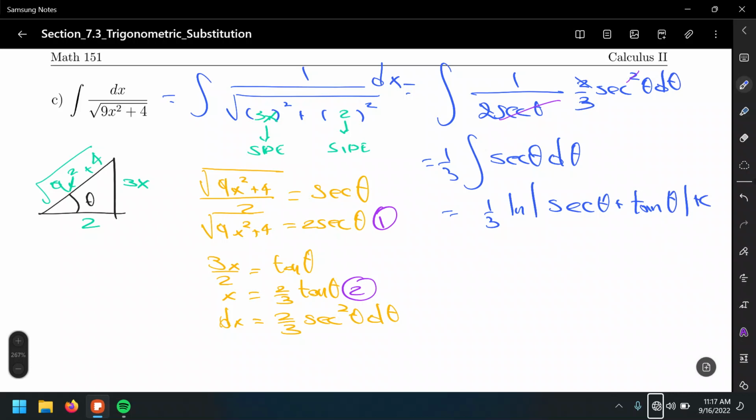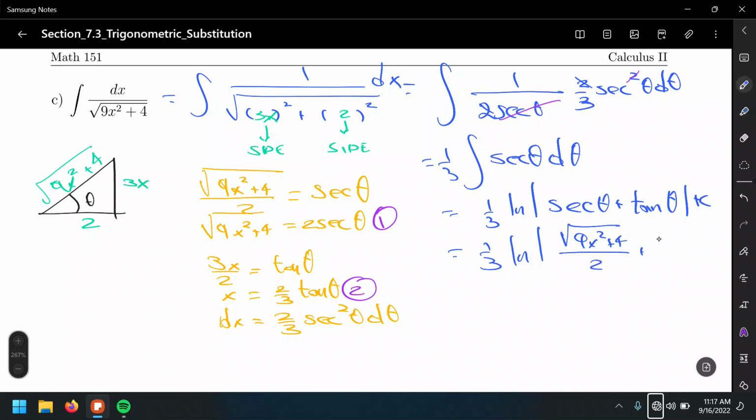Let's go back to the world of x. Well, secant, what's SOHCAHTOA for secant in accordance with the triangle? So secant, which is hypotenuse over adjacent, isn't it the radical over 2? And what's tangent?